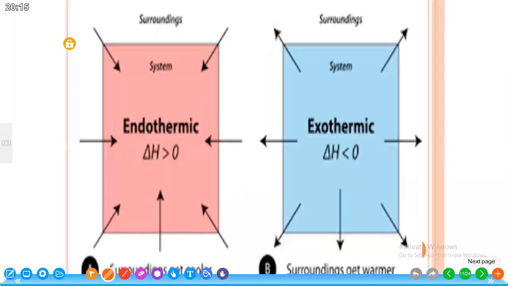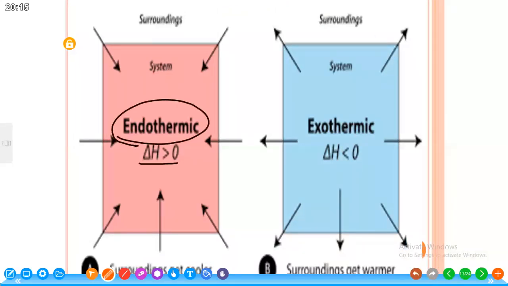And next one, how do we remember the exothermic and endothermic reactions? We gain energy, we absorb energy: that is called an endothermic reaction.